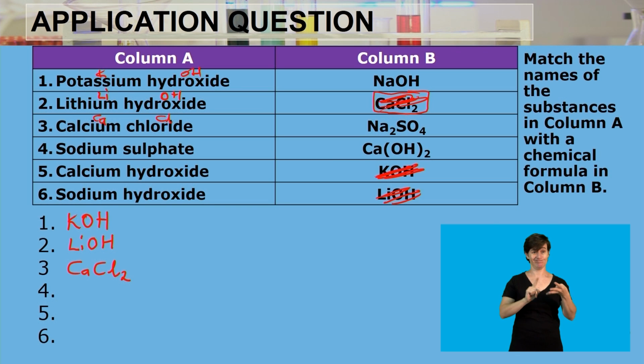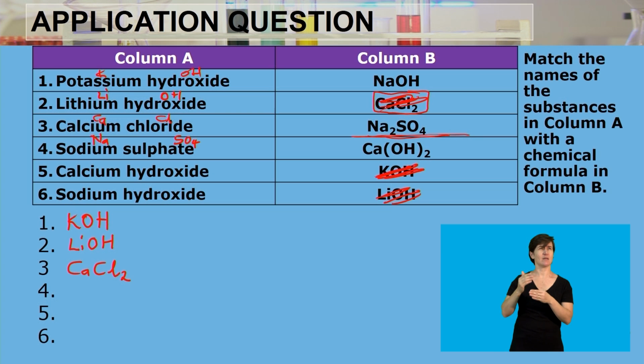Then we need to go to sodium sulfate. We said sodium is Na. Sulfate is your SO4. Again, we said we're not sure of the ratio, but the symbols are Na and the SO4 for number 4. So that means it is going to be that one there. As you can see, for every 2 atoms of sodium, we need 1 molecule of sulfate.